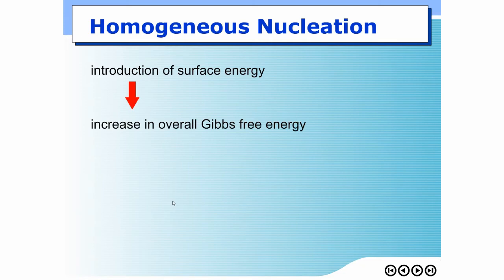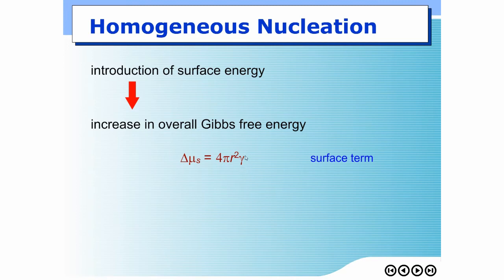So this extra energy increases the Gibbs-free energy of the solid. Of course, solid now is a part of the system. So increase in Gibbs-free energy of the solid also increases the Gibbs-free energy of the total system. That energy depends on surface energy. Okay?